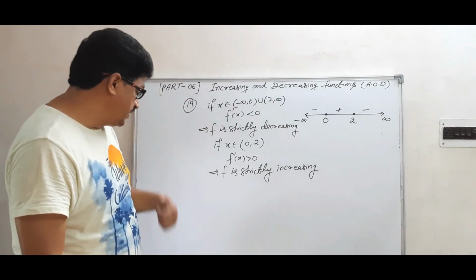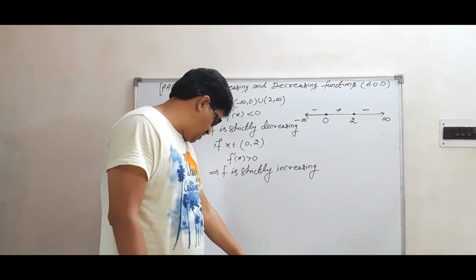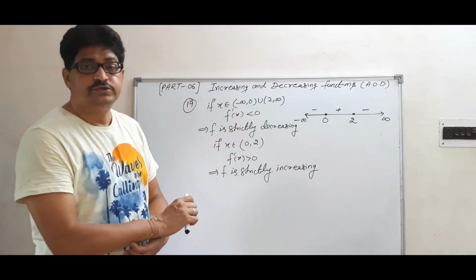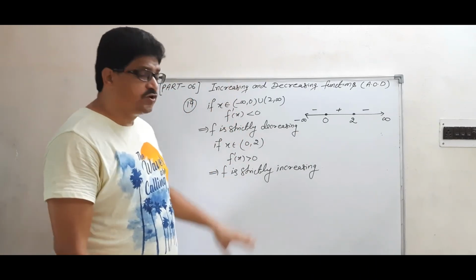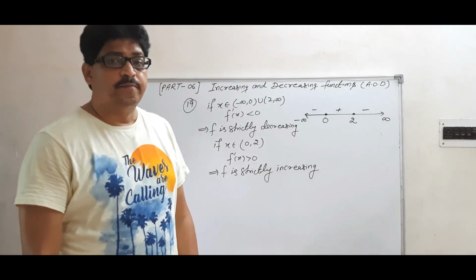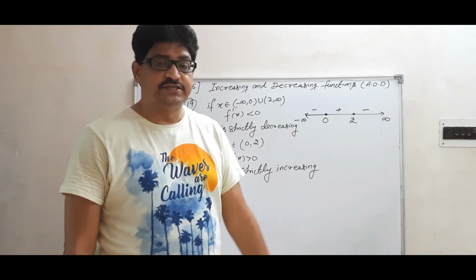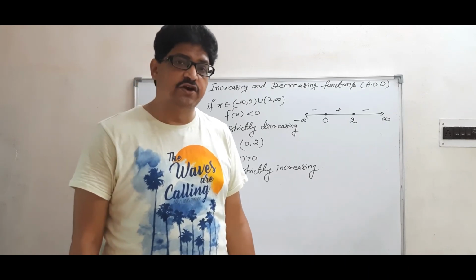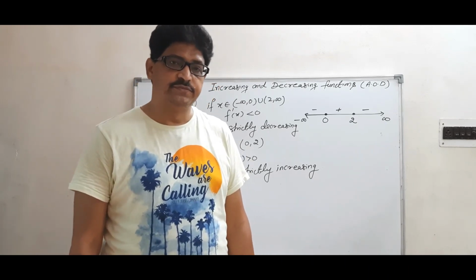So we can say this function is strictly increasing in the interval 0 to 2. So in this way you can solve the other questions also by using f dash x, and then you can decide whether the function is increasing or decreasing.